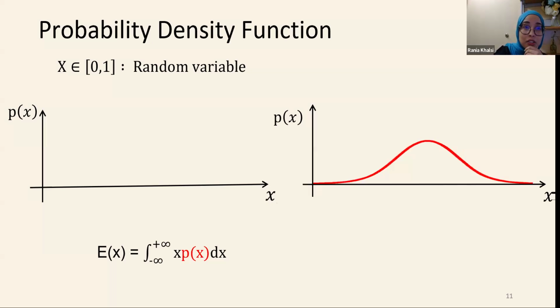The probability density function, like the one on the right that we saw, looks exactly like a bell. It's a continuous function, and this is mainly how it looks. I would say it's a Gaussian distribution, okay? And it gives us a smooth, continuous region around the central point.